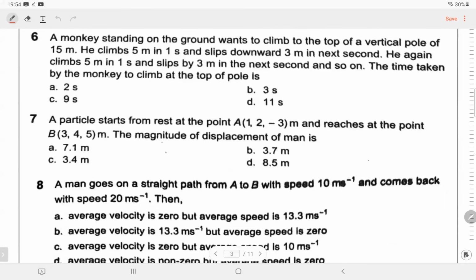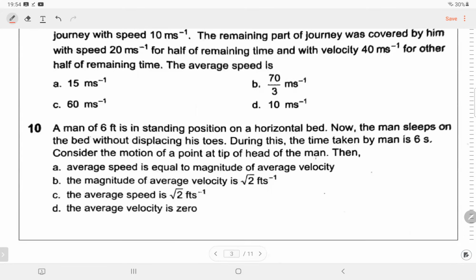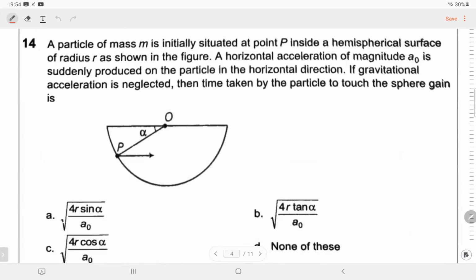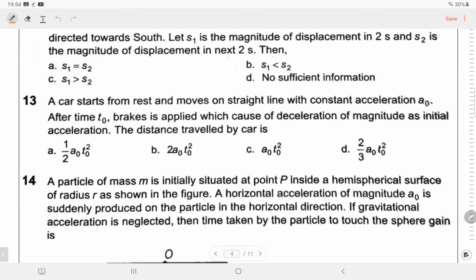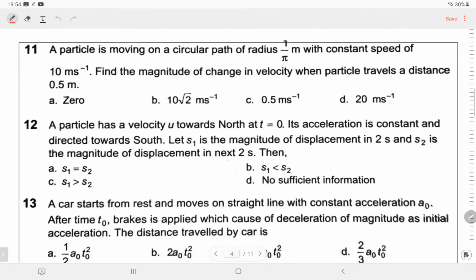So these types of questions, average velocity, average speed, we have already covered. Now this is already in homework we have done. This magnitude of change in velocity and that average acceleration.